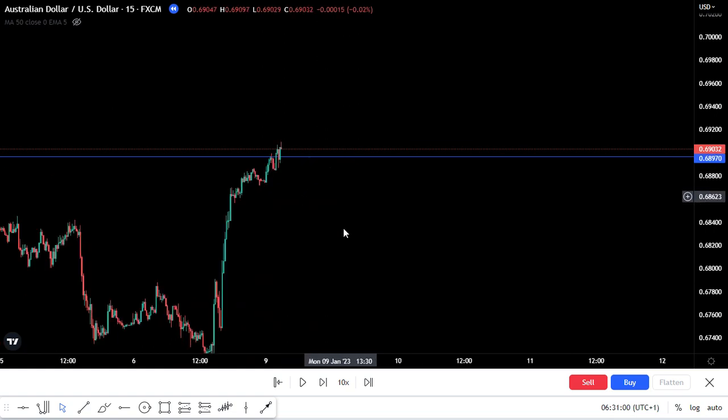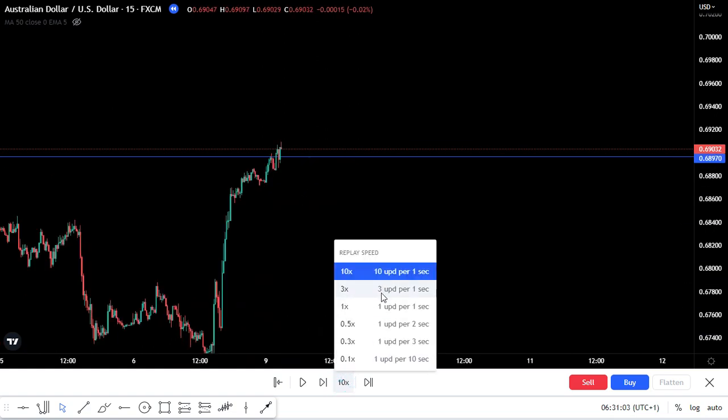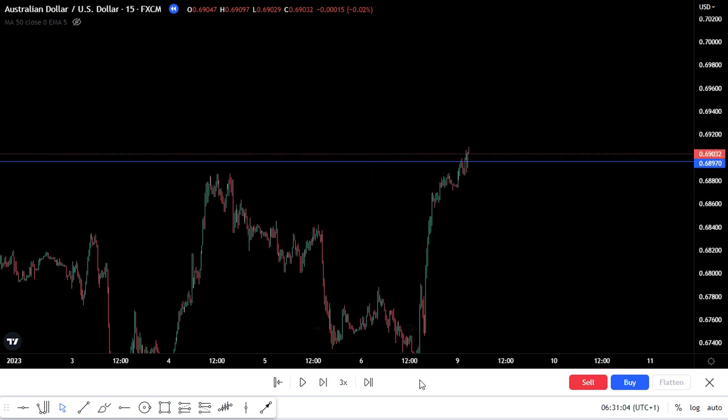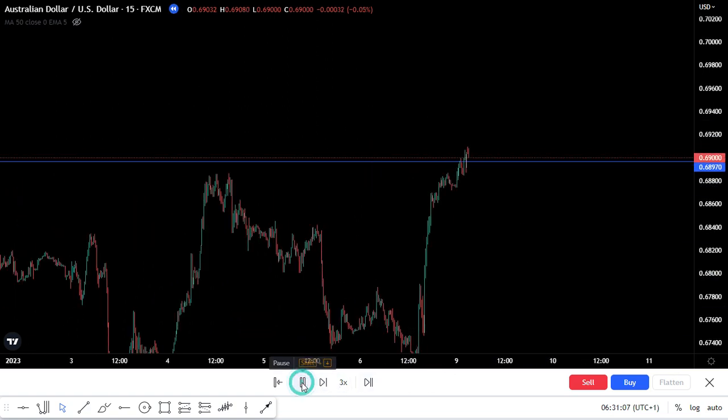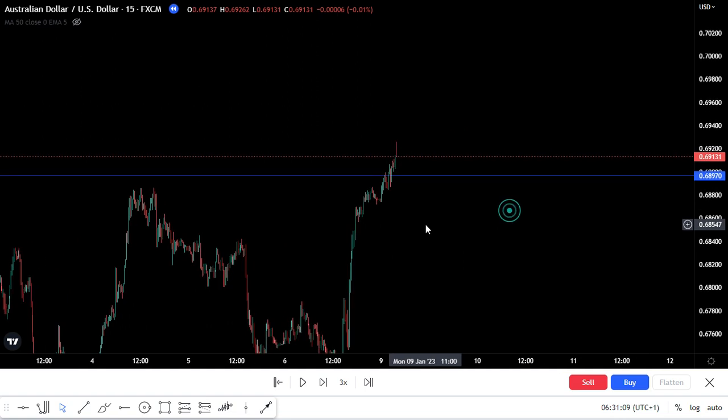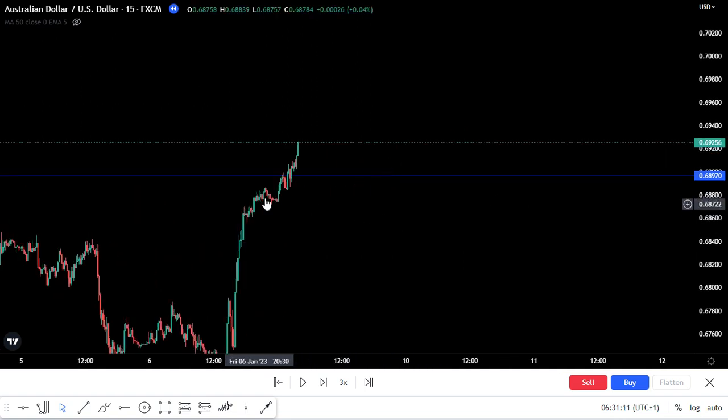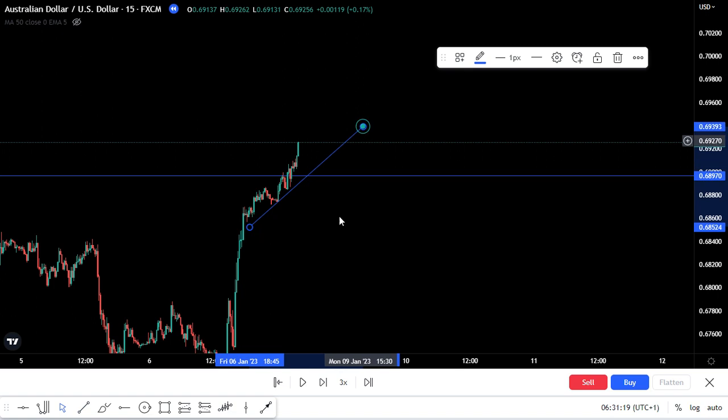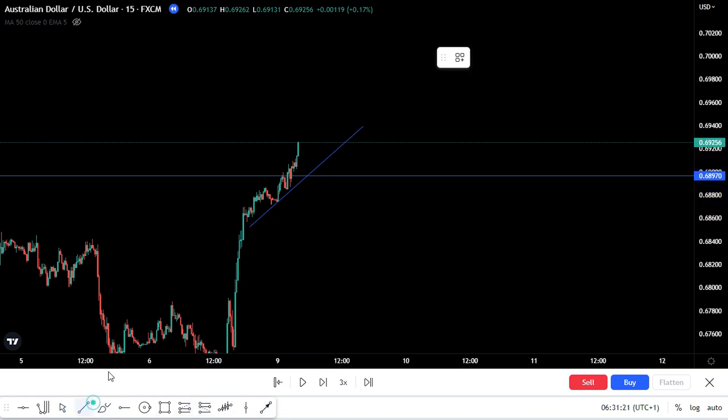So what I will do is play this and we see how the price reacts towards this zone. Here you see some correction, but if you focus on what we discussed in the previous video, you know that we have a few corrections here.